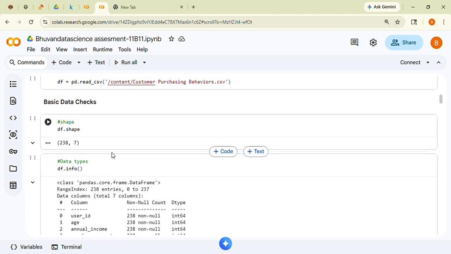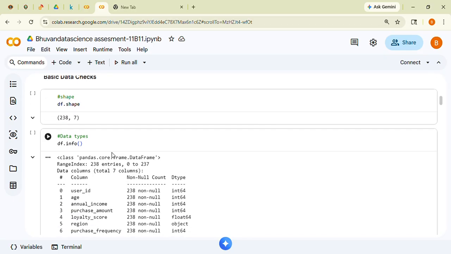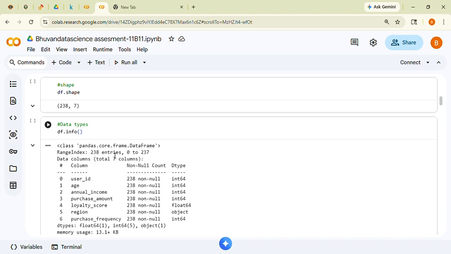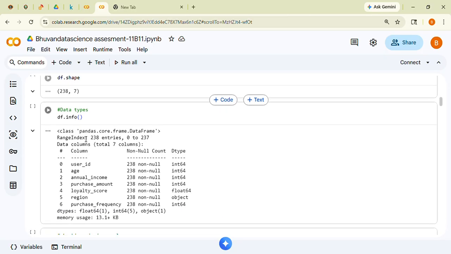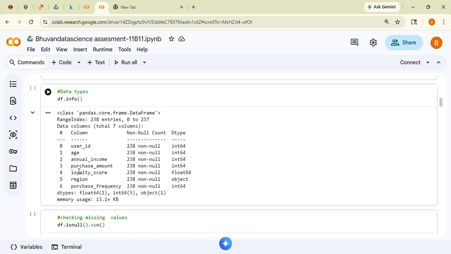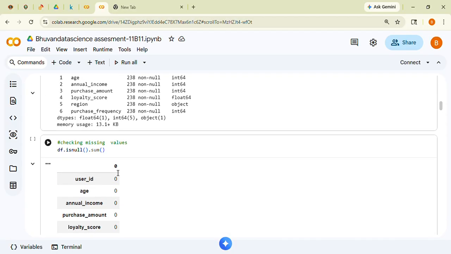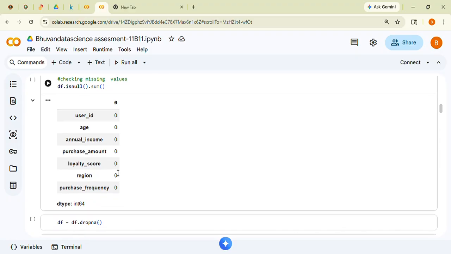Next, we perform basic data checks. After loading this data, the first thing we did is basic data checks. I checked how many rows and columns are there, what are the data types, whether any values are missing. Here you can see shape of the data, data types, and checked for missing values also.